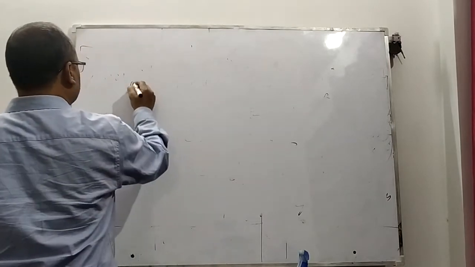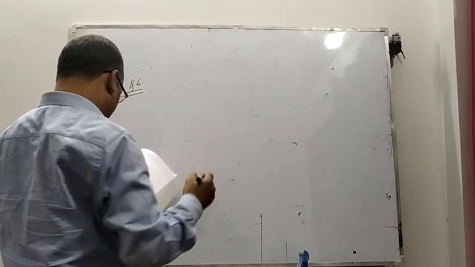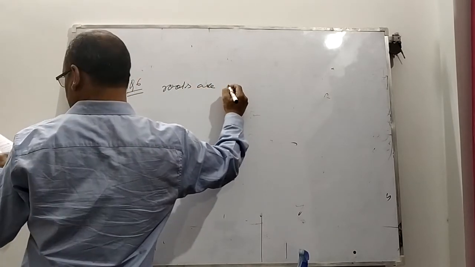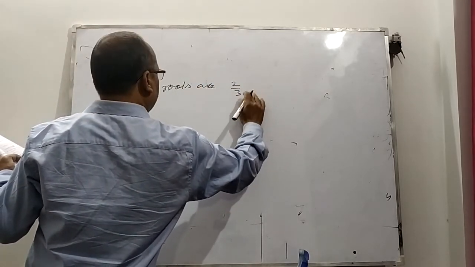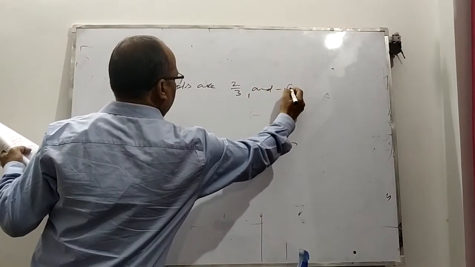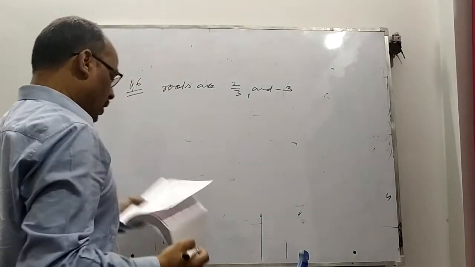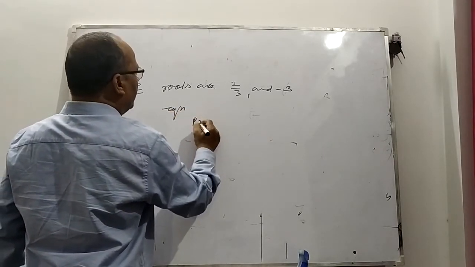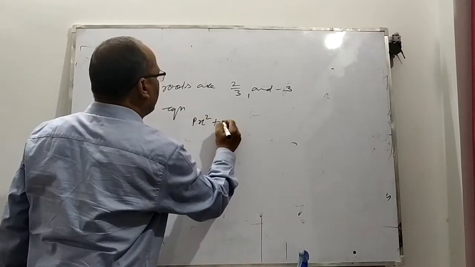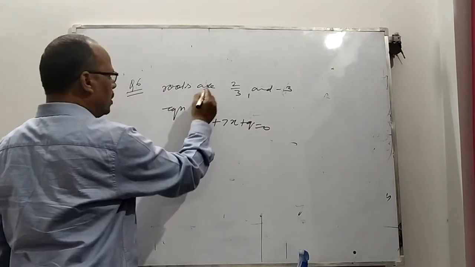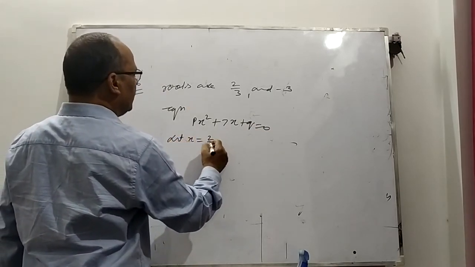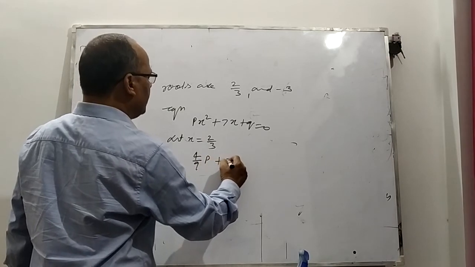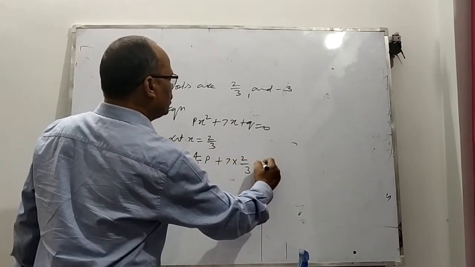Now question number 6. If 2 by 3 and minus 3 are roots of this equation, a quadratic equation, px square plus 7x plus q equal to 0. So first you take, let x equal to 2 by 3, and here it will become 4 by 9 p plus 7 into 2 by 3 plus q equal to 0.